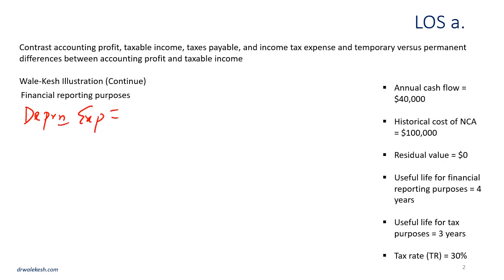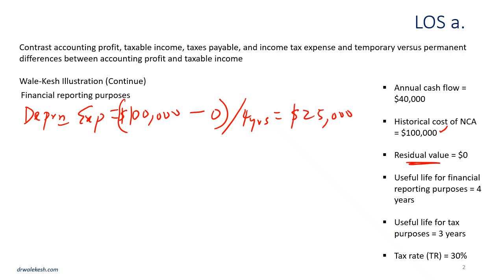The depreciation expense is the historical cost, which is 100,000 US dollars, then minus the residual value or the salvage value or the scrap value, then divided by the useful life of the asset, which is 4 years. Solving for this, I have 25,000 US dollars as the depreciation expense.